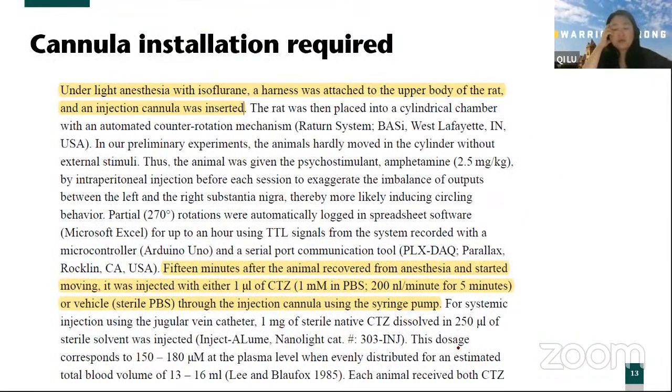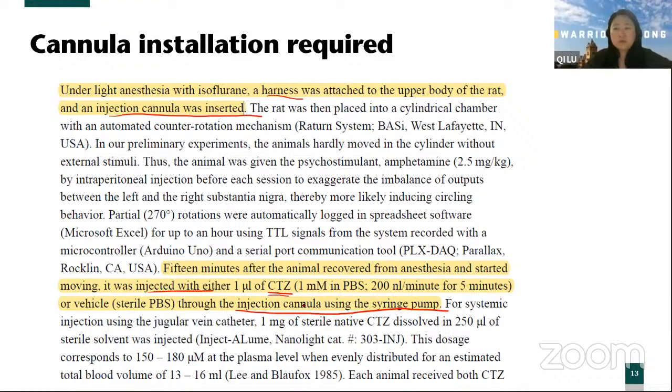But here we need to mention that the substrate of the CTZ is injected through an injection canal using a syringe pump. The harness needs to be attached to the upper body, and the injection canal is inserted. Because it is injected and installed with a canal, it's quite like the optic fiber, right?